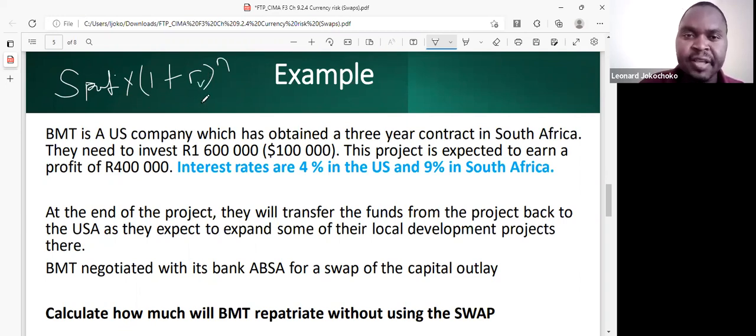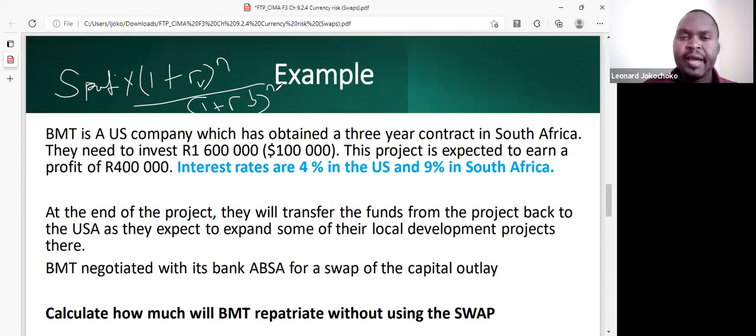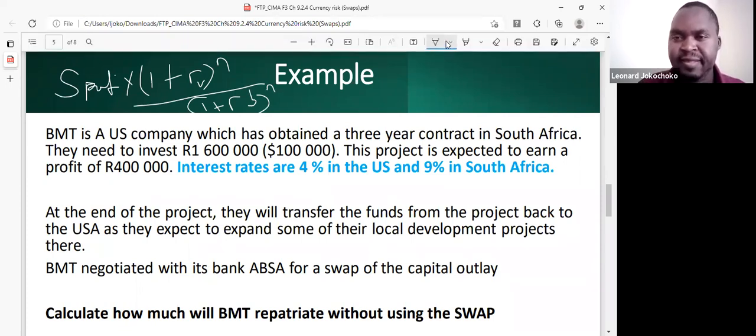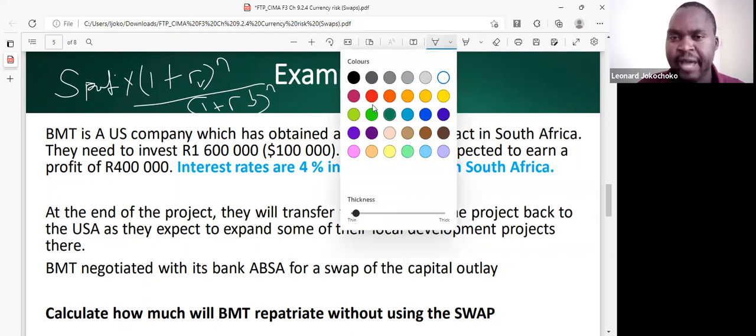Then we divide it by 1 plus the interest rate, but this time in the base currency, and this number should be raised to the power n. Please note that RV means the interest rate in the variable currency, and RB means the interest rate in the base currency. In this case, the base currency is the one with the 1. Actually, at all times, the currency with the 1 is called the base currency.